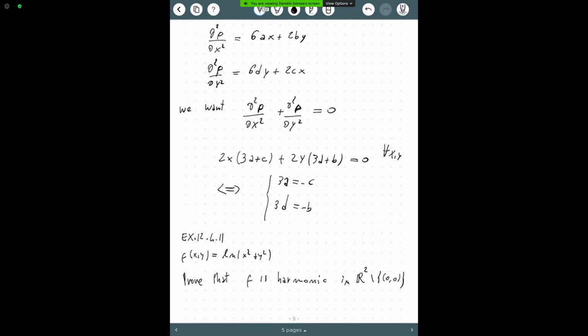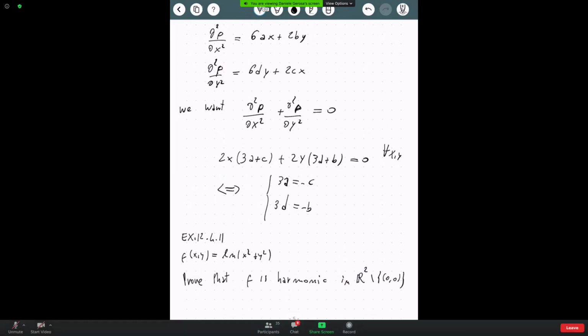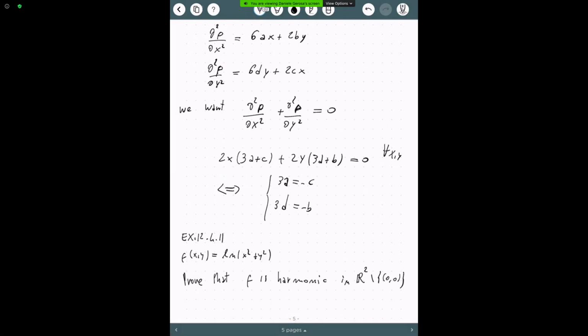Why are we excluding the origin? Question for you. Exactly. The origin doesn't belong to the domain of the function. It doesn't make sense to investigate at that point. Very good.